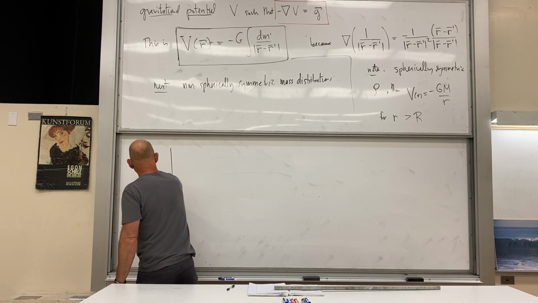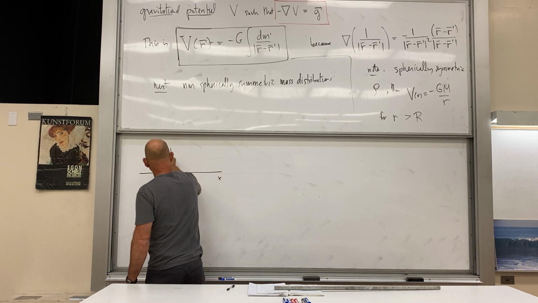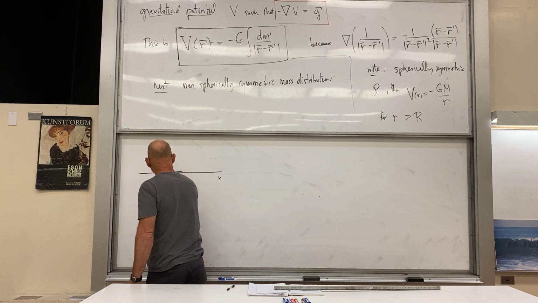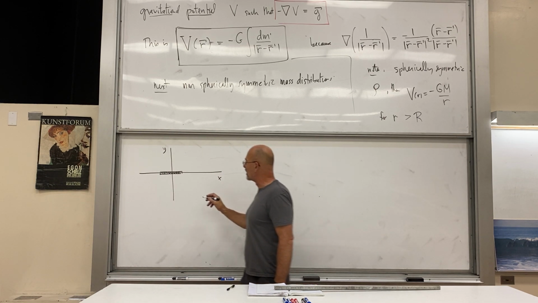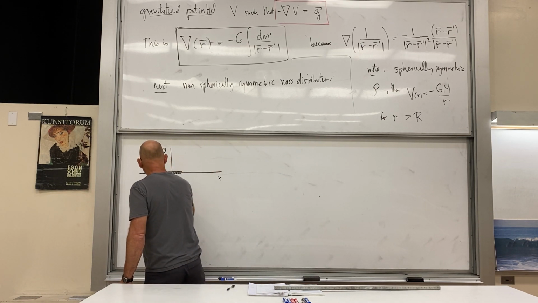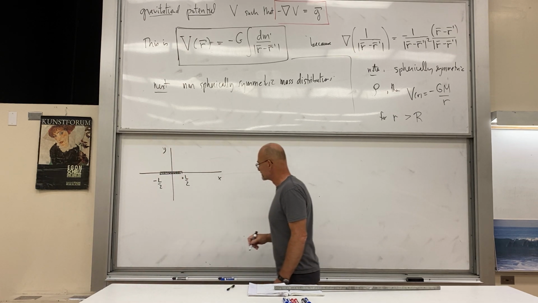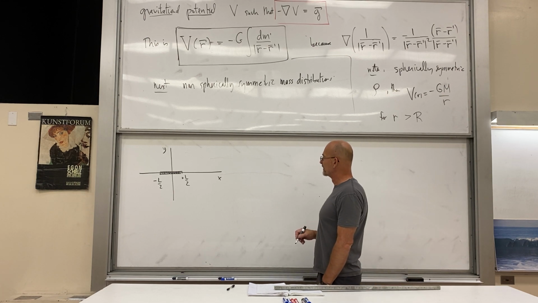Suppose we have X and Y axis, and we have a rod here, a thin massive rod that goes from negative L over 2 to positive L over 2. And we want to know the potential of this thing.